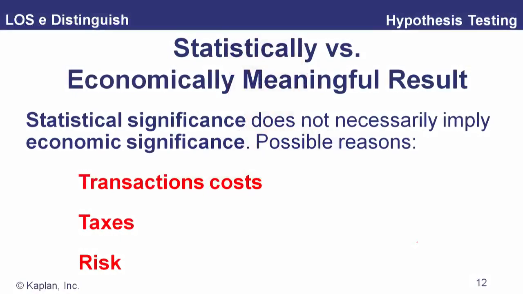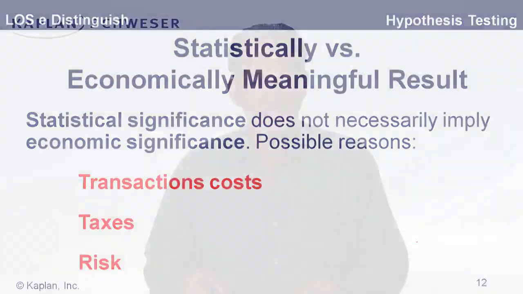But if there's transactions costs involved, those costs of trading, bid-ask spread, and commissions, may outweigh the possible benefits from the strategy, even though the benefits are positive and statistically significant. Another thing is, if the strategy involves buying and selling, there's some tax consequences, and they may wash out any gains you may make from the strategy.